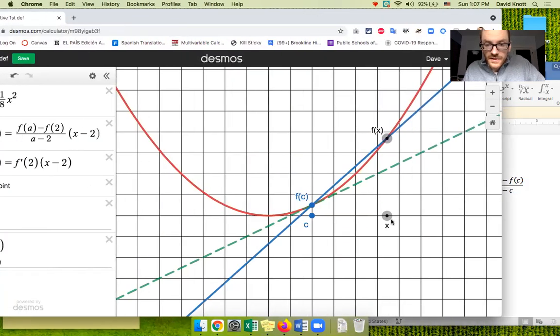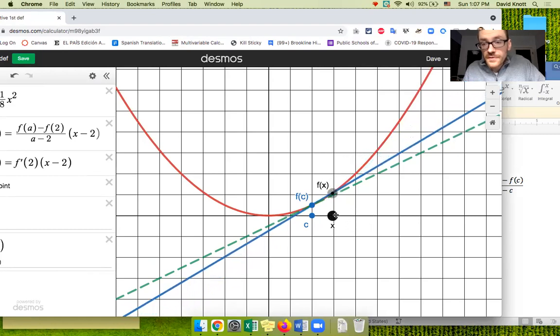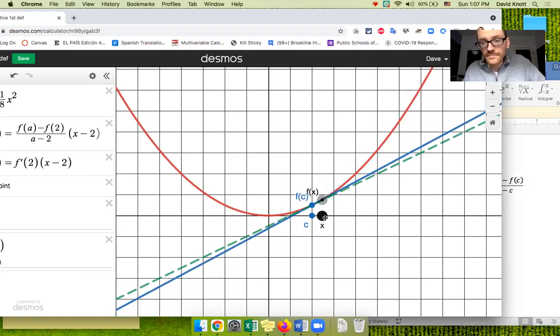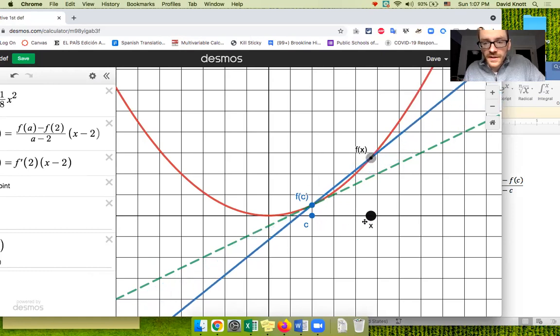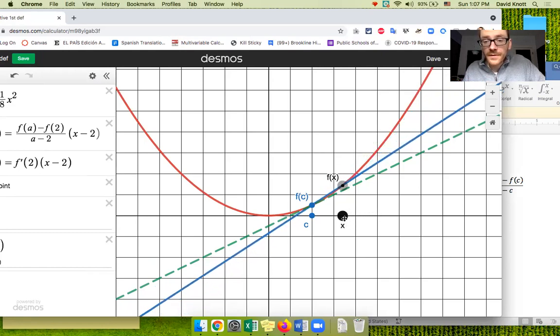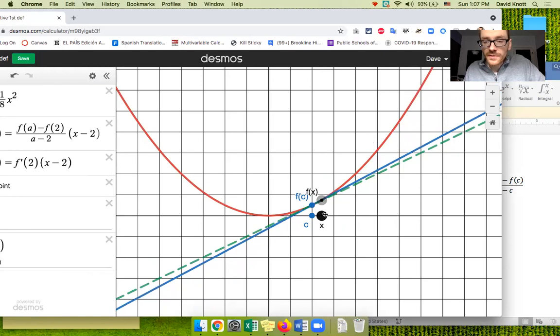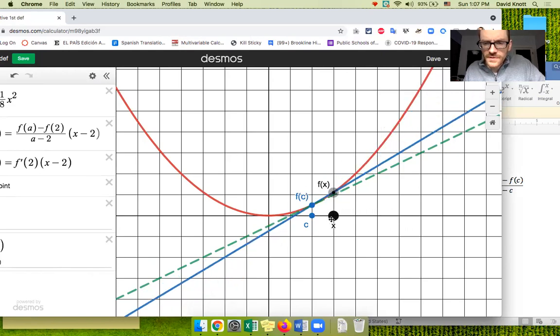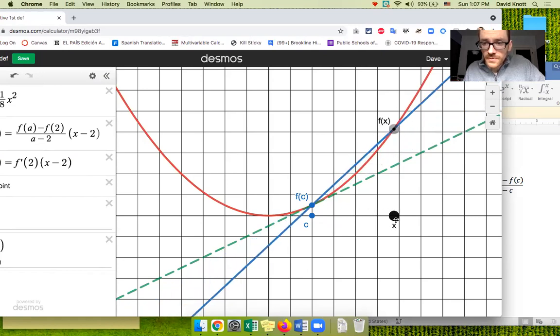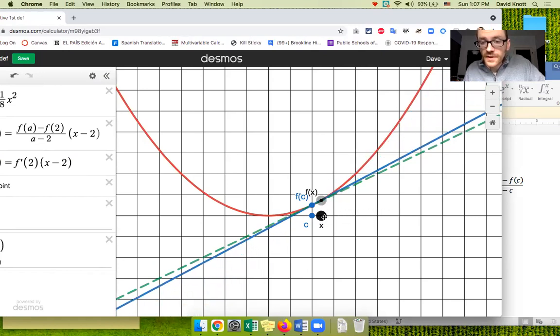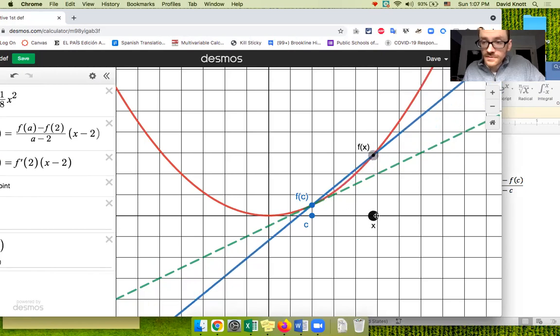As I bring x closer and closer to c, the blue line turns into the green line, right? As I bring x closer and closer to c, the slope of the blue line becomes the slope of the dashed line. Does that make sense? The slope of this blue line turns into the slope of the tangent line, which is the thing that I want.